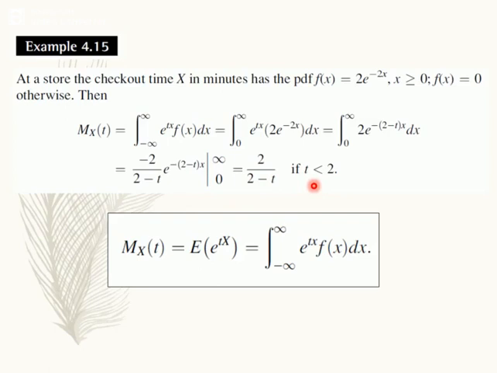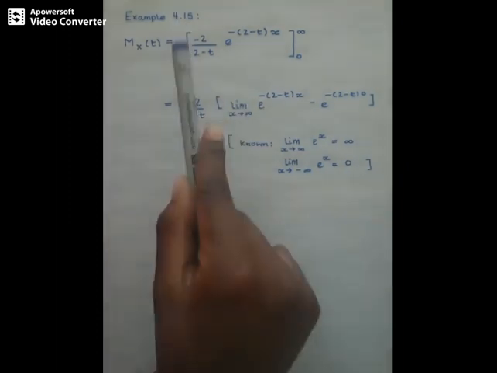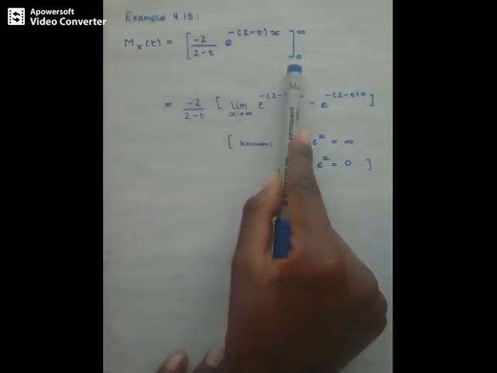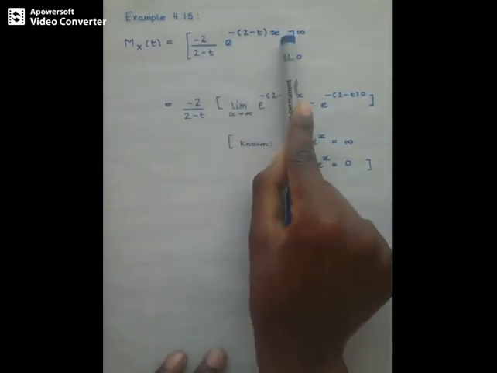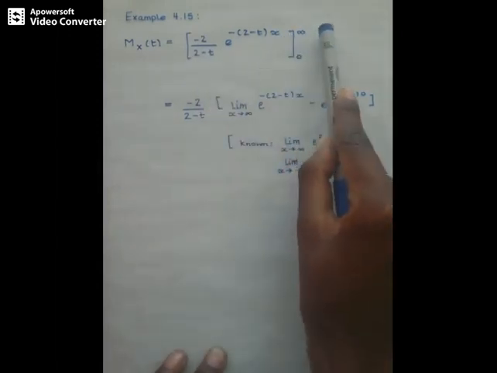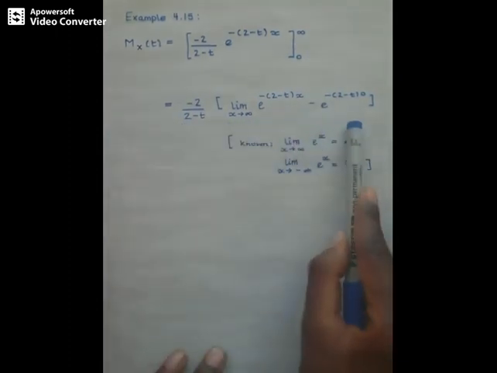for values of t less than 2. I just want to show you quickly, just expand on this part so you really understand. Now I'm just going to start from this step here. By this stage, you would have done the integration already, and all that's left is to substitute the upper and lower limit. So this is the next step that I have.